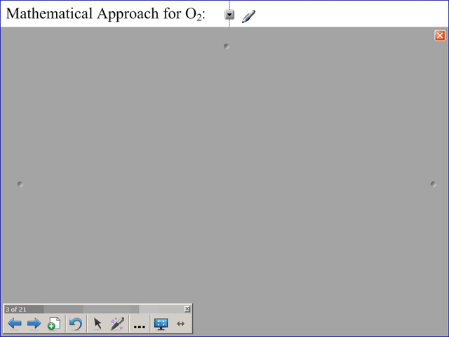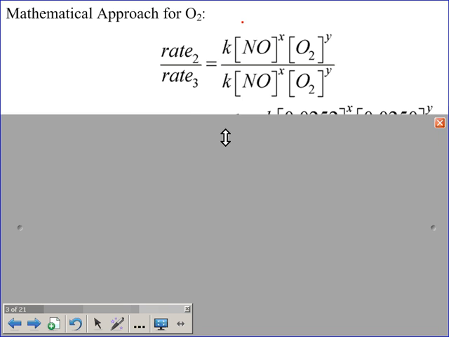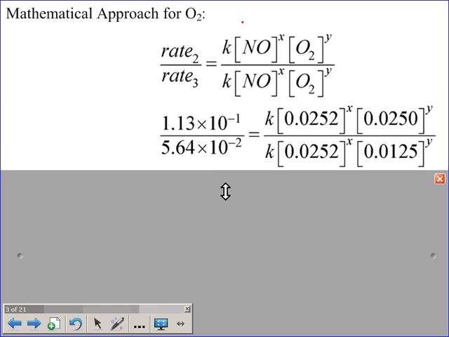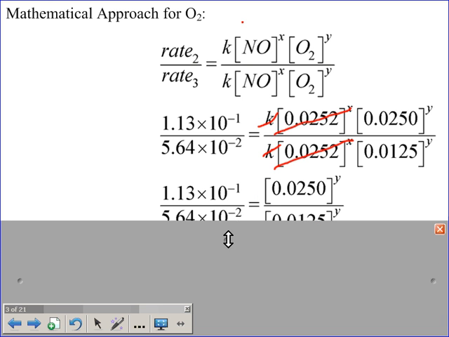Taking the mathematical approach for O2, we find the same thing using rates 2 and 3. The same rate laws, but now when I substitute in, it is the NO term which is the same and cancels out. Of course, the k's cancel out. So I'm left with just the ratio of the concentrations of oxygen raised to the y power.